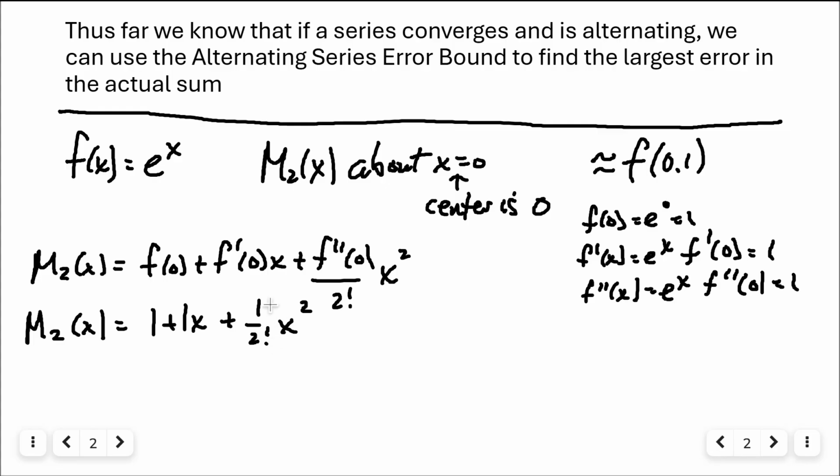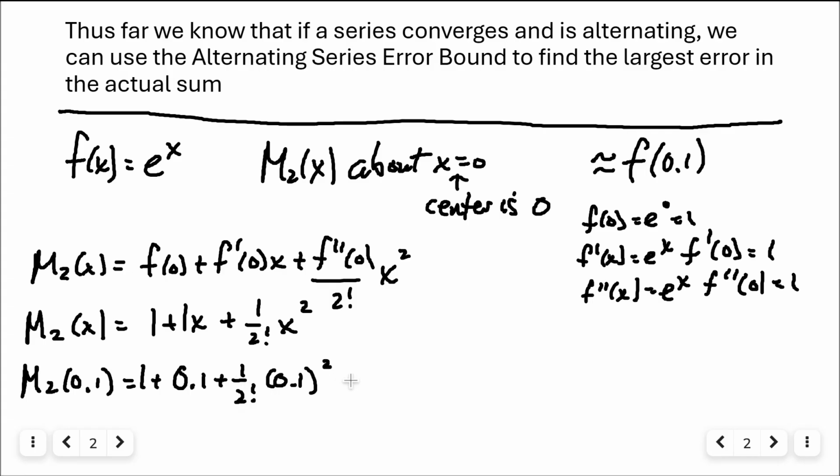Now, if I wanted to use it to approximate f of 0.1, I could do that. I literally just take 0.1 and substitute it in, and it'll give me a value, and that value would represent the approximation.